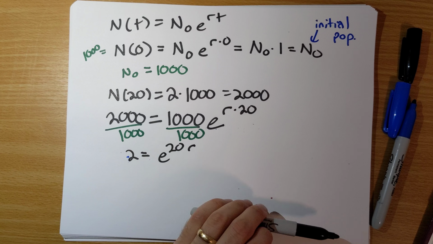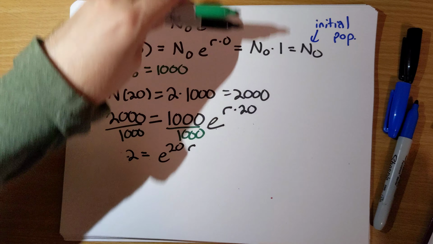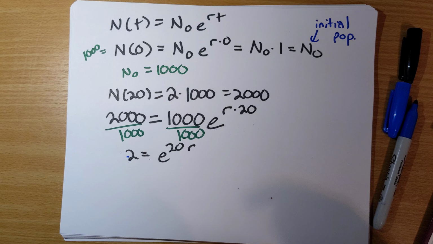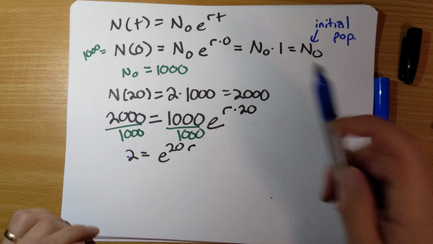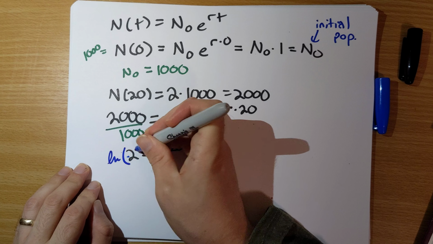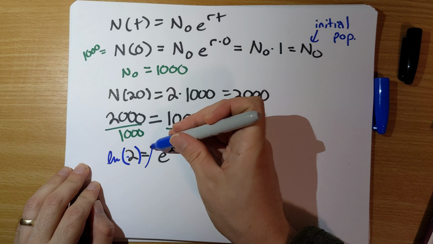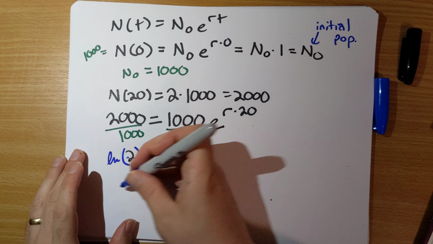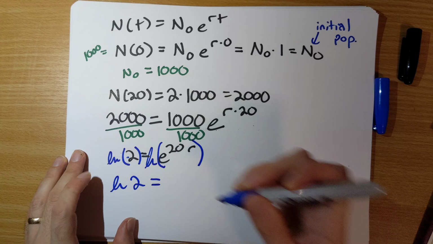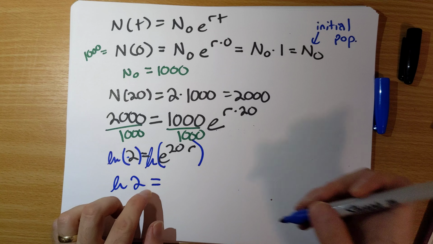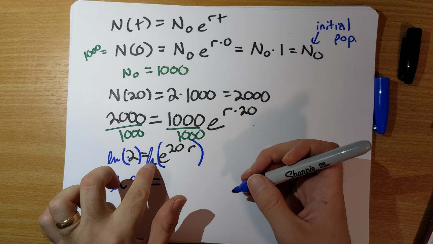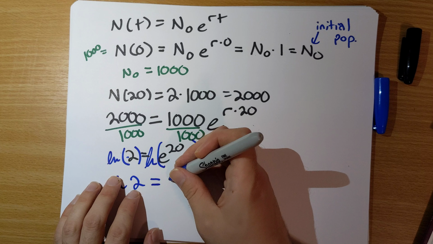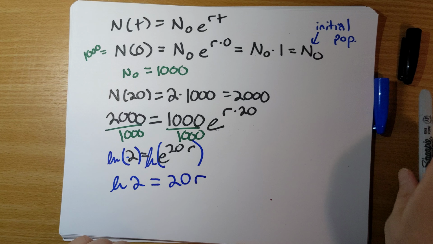Okay, so how do we do this? Our variable r that we're trying to solve for is in the exponent. So let's take the natural log of both sides. That leaves us with the natural log of 2 on the left. On the right, the log of e to some exponent is just that exponent, 20r.